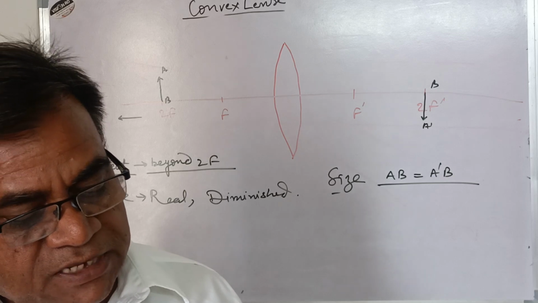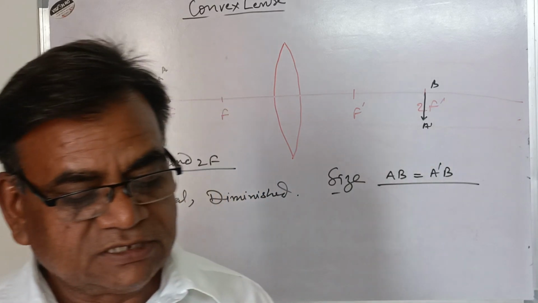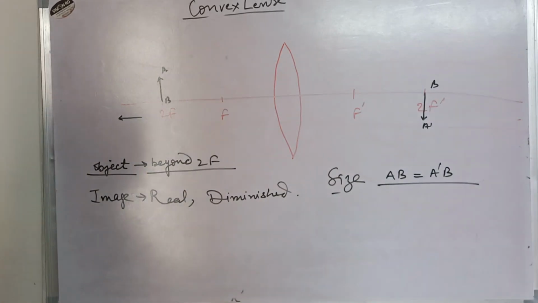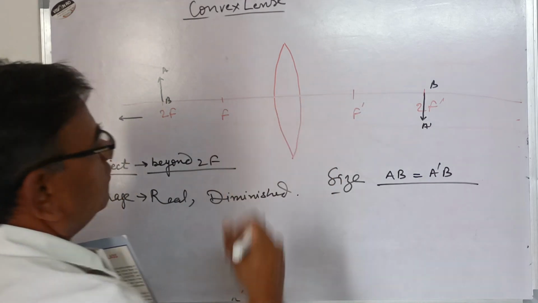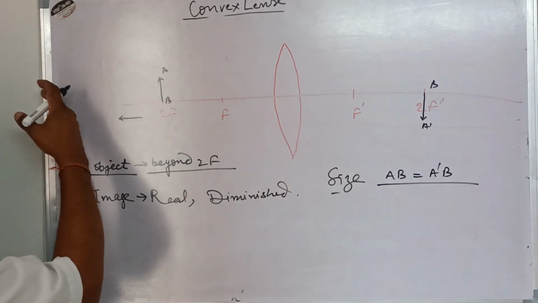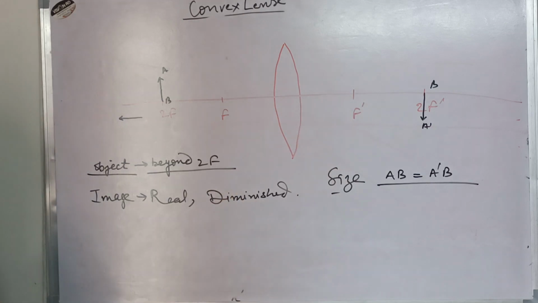Where is the image formed? Draw the line. When it is very far, like infinity, the image will be formed at the focus. The rays will come parallel, and they will come here on the focus.